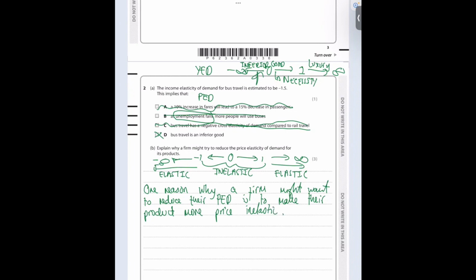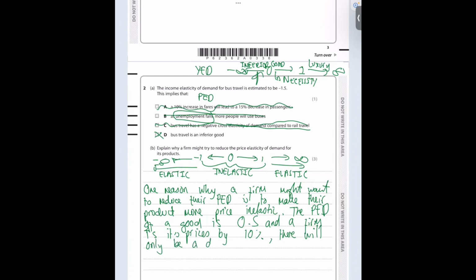Okay, so let's say that the PED of a good is 0.5, and a firm increases its prices by 10%, and there will only be a drop in demand of 5%.